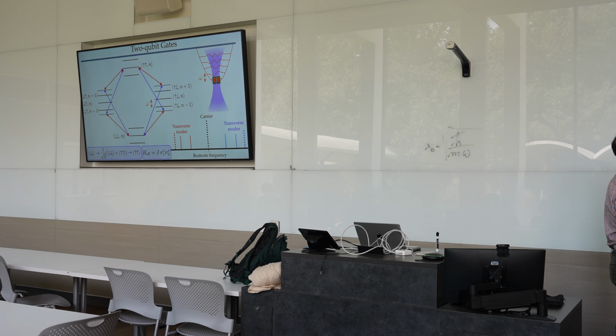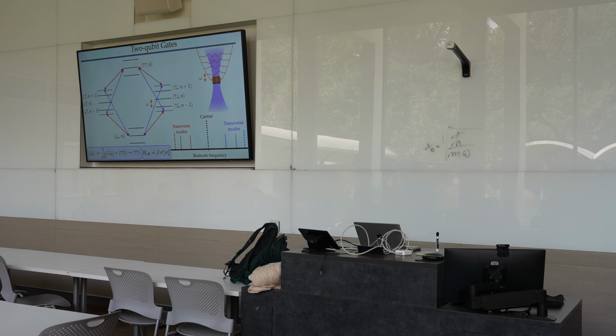Well, in principle, you have to have that separation, and the reason you can see it here. If you drive the sideband, but the trap frequency is larger than the qubit frequency, then you might also couple to the carrier when you're trying to drive the sideband.